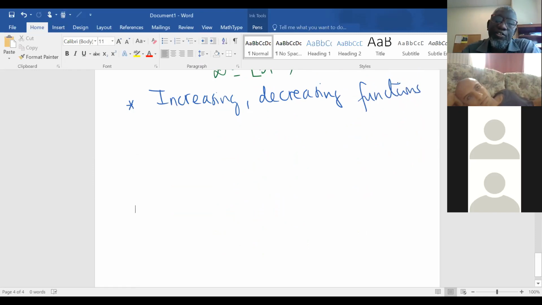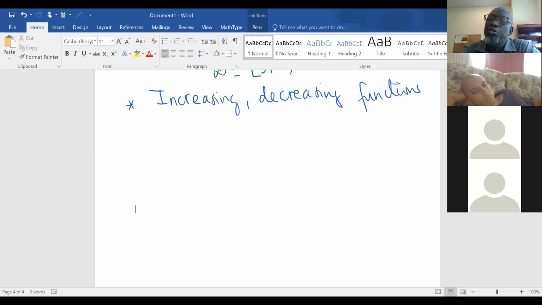Okay, so a function is increasing whenever you increase the input, the output increases, right? That is called an increasing function. For instance, if my input is the amount of power I use in my house, and my output is my BGE bill, right?